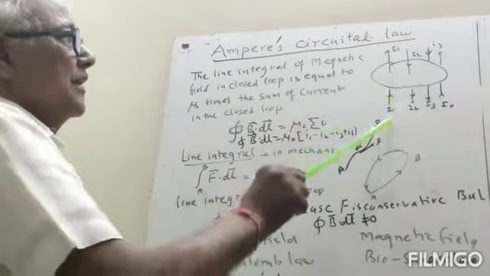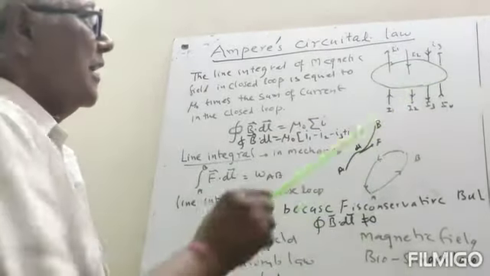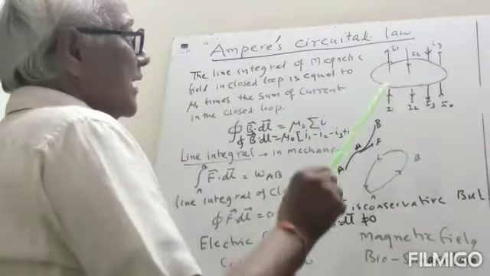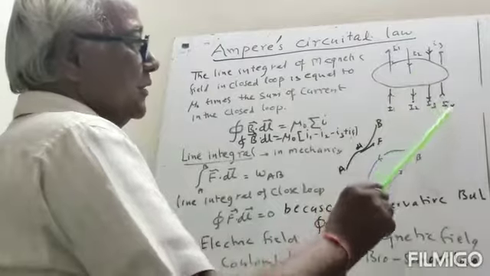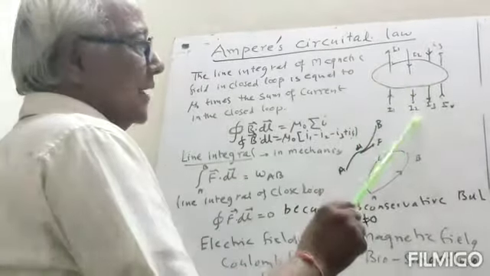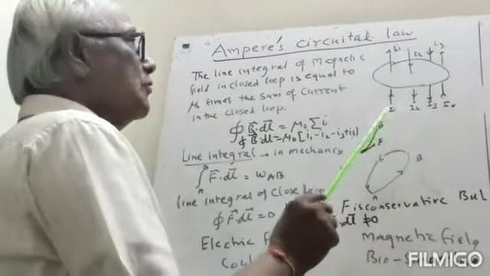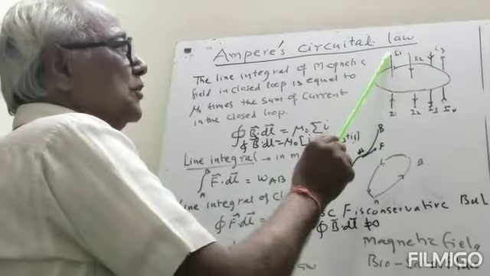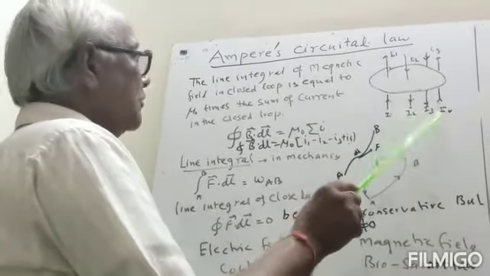Here currents I1, I2, I3, I4 are passing. The direction of I1 is positive, this is negative, this is negative, this is positive. So the total current will be equal to I1 minus I2 minus I3 plus I4. The outgoing we have taken positive and the downward we have taken negative.